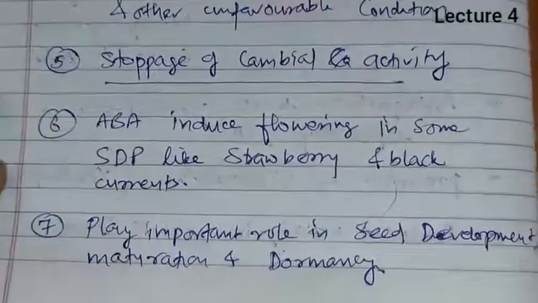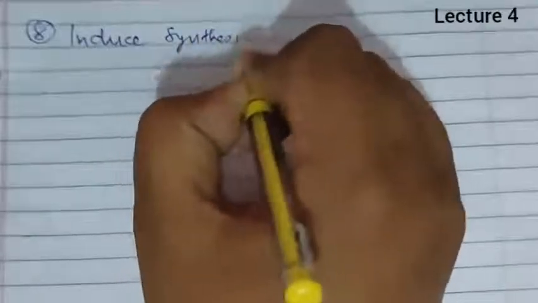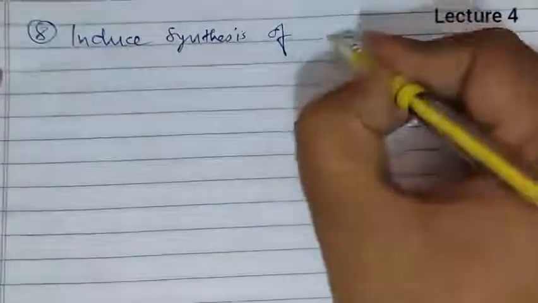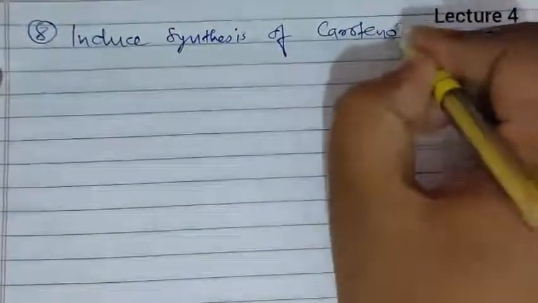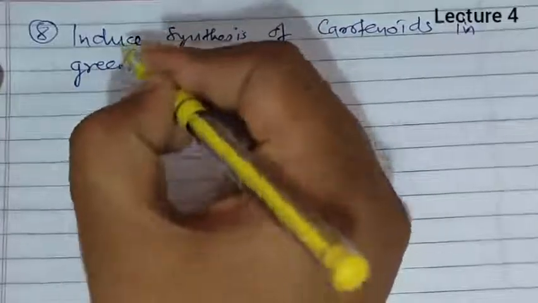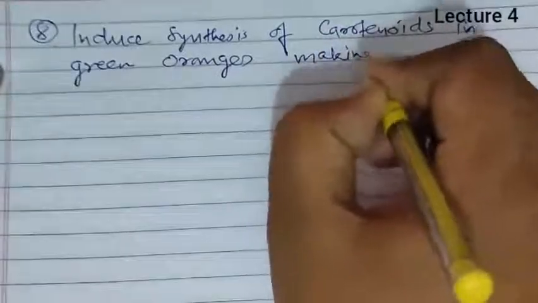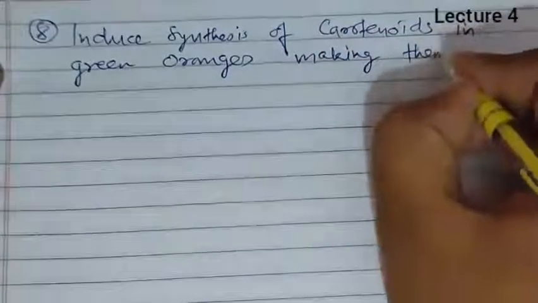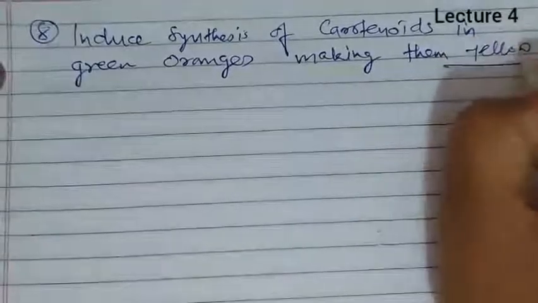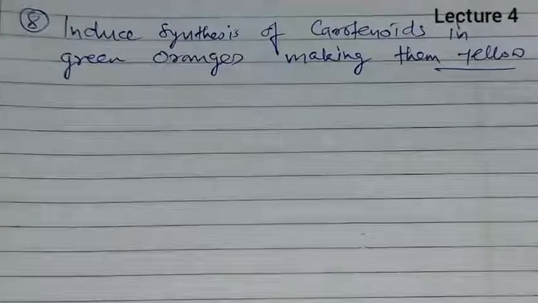That is also one of the important points. Next, it induces synthesis of carotenoids in green oranges, making them yellow. So these are the functions of abscisic acid.